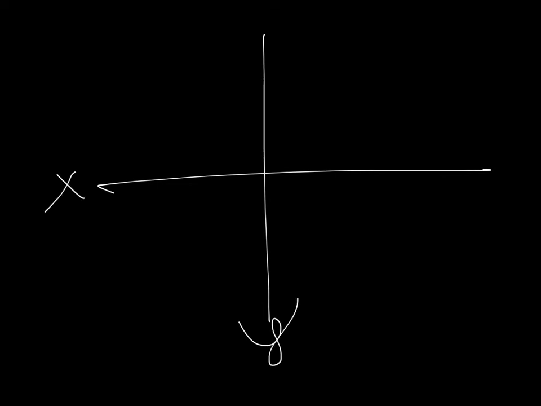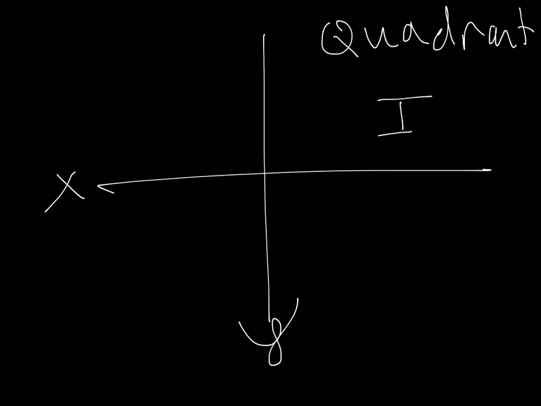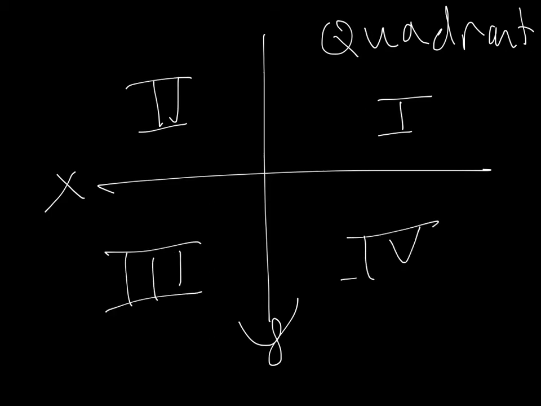Another quick little review is when we have our coordinate plane. This is the x-axis, this is the y-axis. I know you know that. This is quadrant 1, that's Roman numerals for these. Quadrant 2, quadrant 3, quadrant 4.